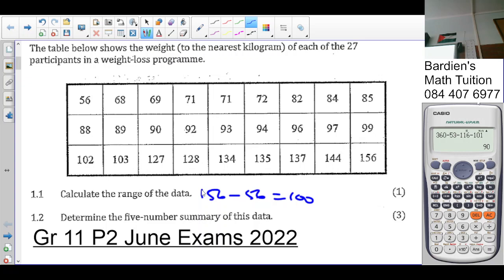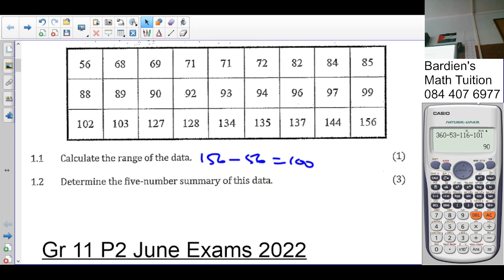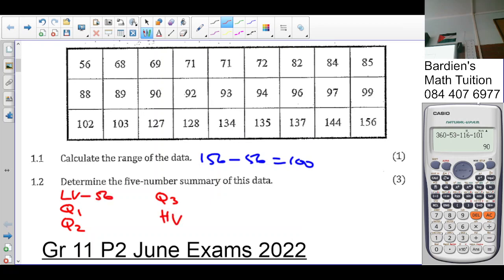The numbers are the lowest value, quartile 1, quartile 2, quartile 3, and the highest value. The lowest value was already 56, the highest value is 156. The median is the middle number of sorted data, so the middle number here is going to be 93.